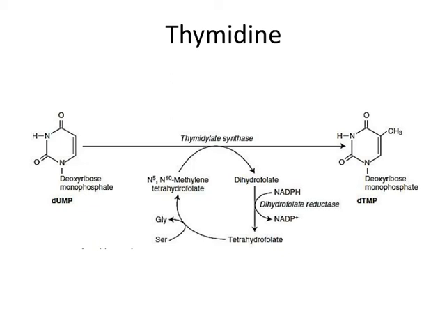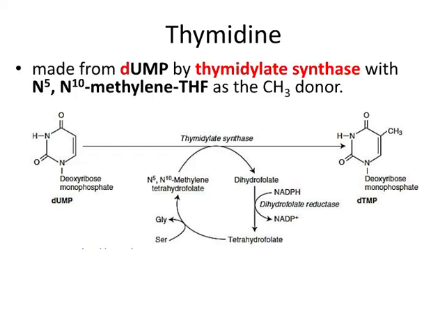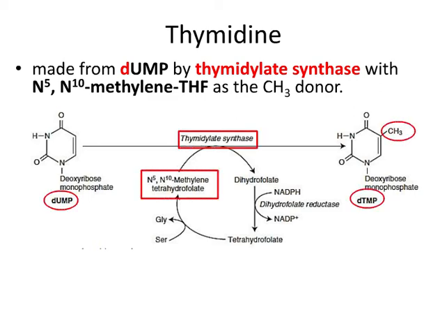Thymidine is made from deoxy-UMP by thymidylate synthase, using N5-N10 methylene tetrahydrofolate as the methyl donor. N5-N10 methylene tetrahydrofolate is regenerated by two reactions. Dihydrofolate is reduced to tetrahydrofolate by the activity of dihydrofolate reductase.